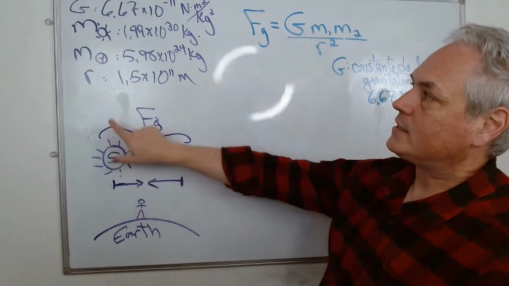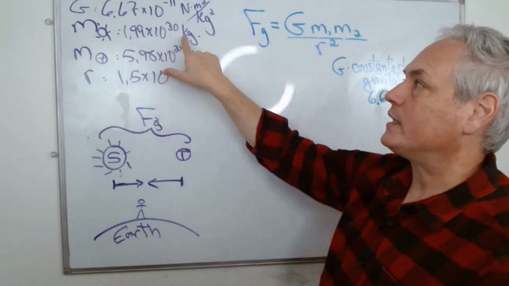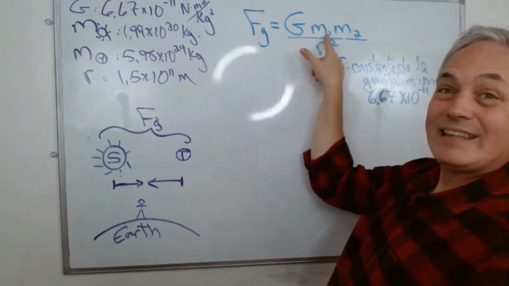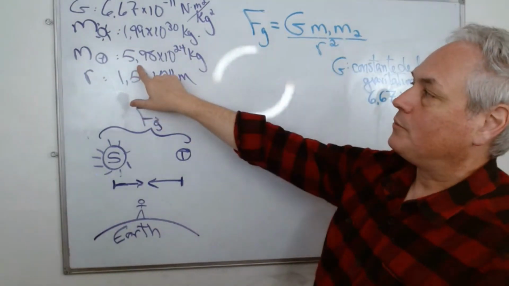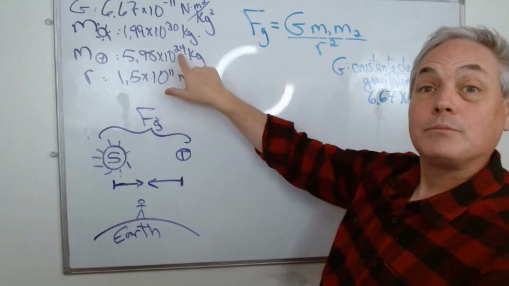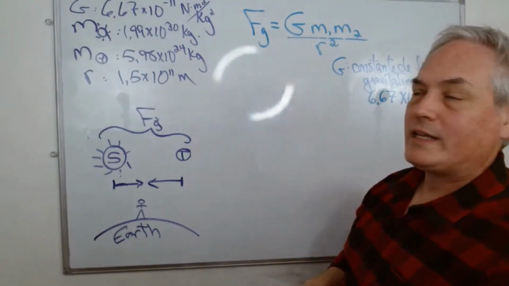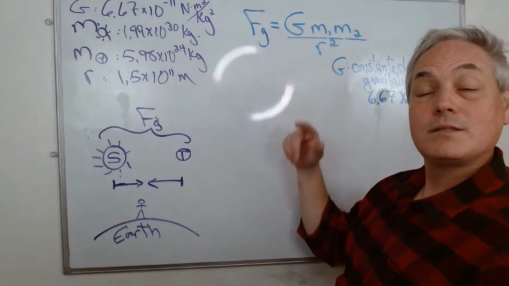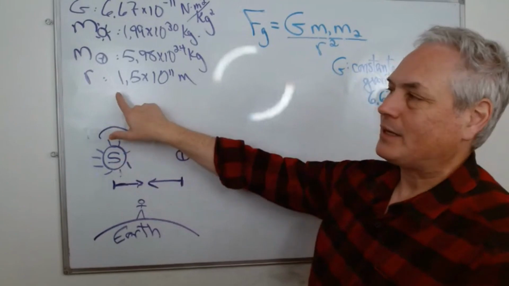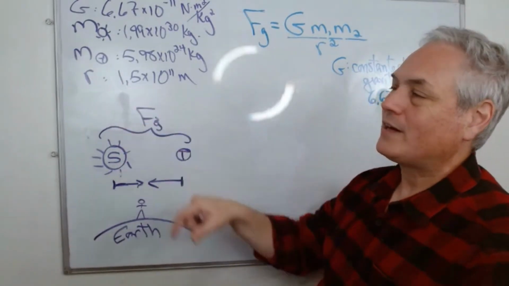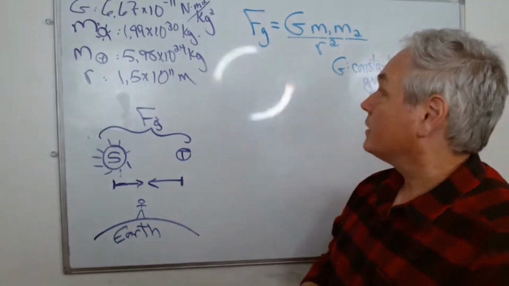So if I have the sun, it is 1.99 times 10 to the power of 30 kilograms, times the mass of the other object, which will be 5.98 times 10 to the power of 24 kilograms, and that over the radius square. The average radius between the sun and the earth is about 1.5 times 10 to the 11 meters here.